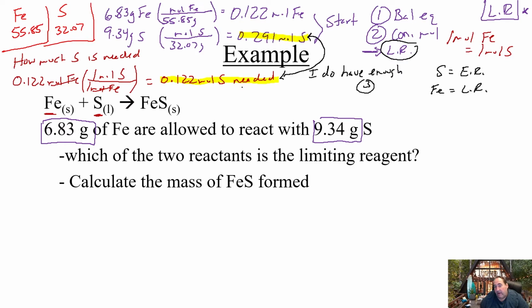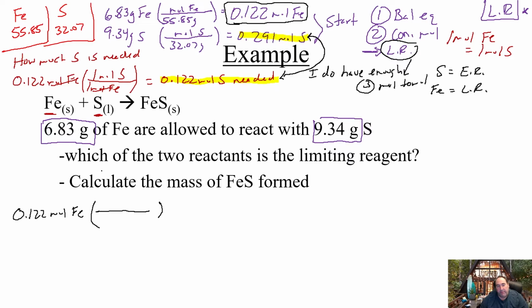Now we're ready to figure out our product by doing our mole-to-mole relationship, once again using our limiting reagent. So we're going to go back to the starting amount of our limiting reagent, 0.122 moles of iron. We're now going to do the mole-to-mole relationship between iron, which is our limiting reagent, and our iron(II) sulfide, which is our product.